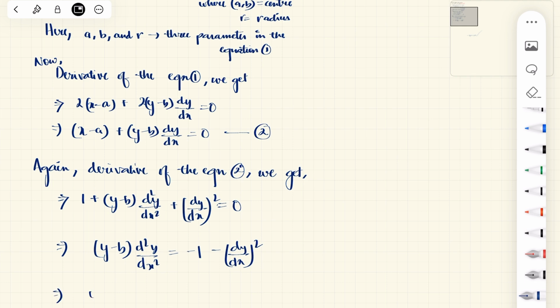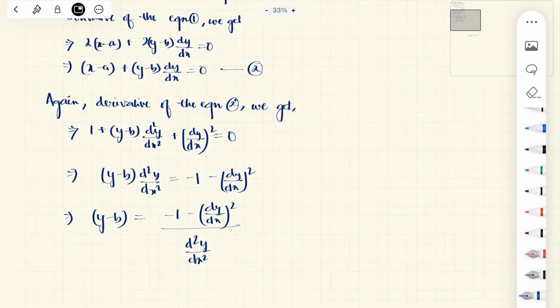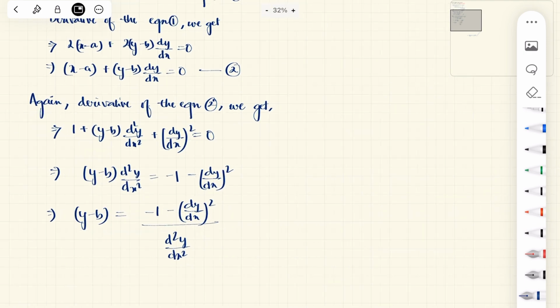So (y - b) times the whole, and 1 + (dy/dx)² becomes this. Got it? Yes or no? So let's say this is the equation number 3, and this is the equation number 4. For now I'll be putting it this way.